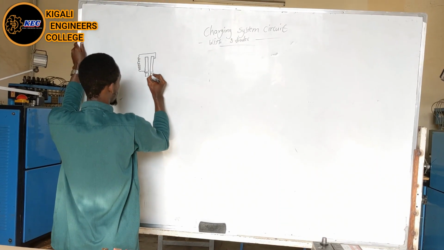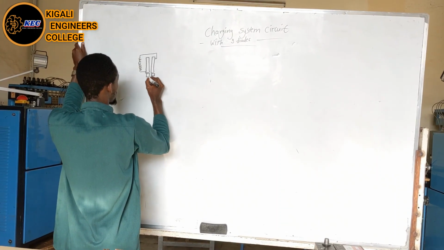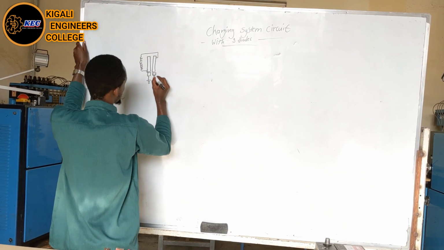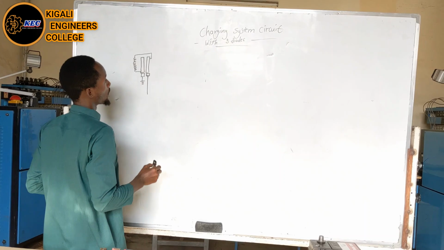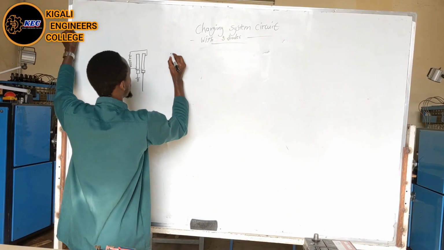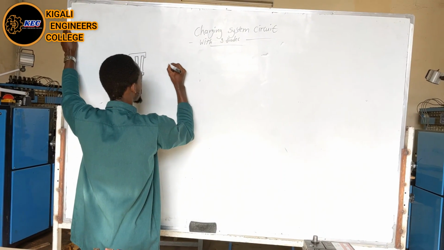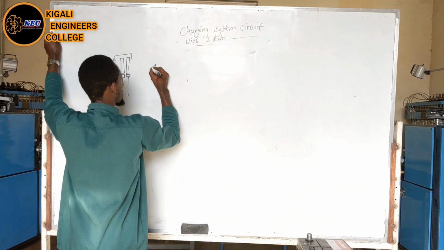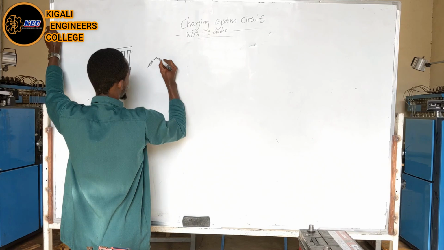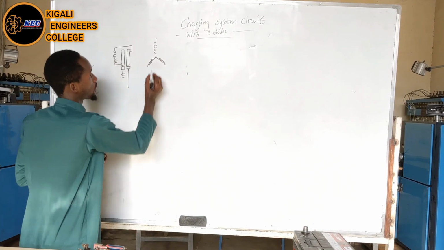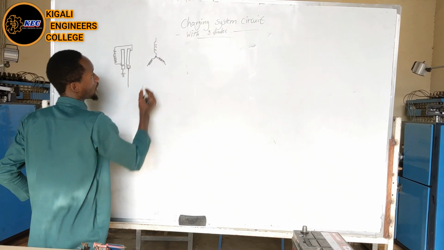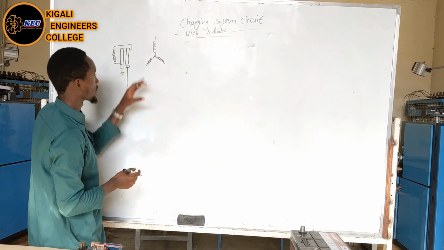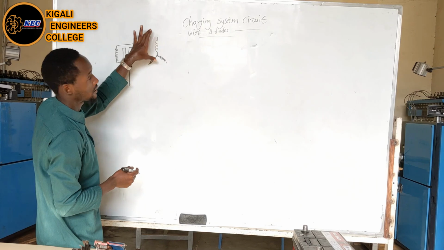So ground, and this is where we see where it goes. So let's go on to the stator. Its winding is a Y connection. So this is the stator, and let's draw the symbol of the stator, the alternator stator.